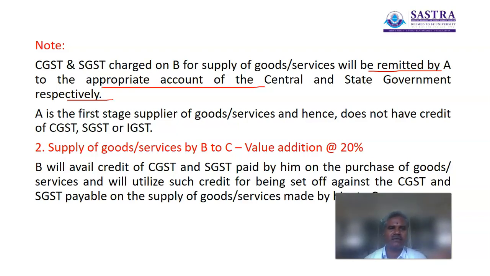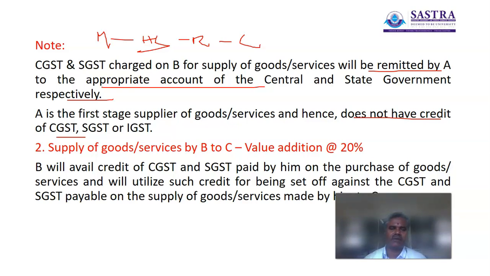The supply chain starts from the manufacturer, who transfers goods to the wholesaler, then the retailer, then the customer. This is the supply chain. You see, A is the first stage supply, so he doesn't have any input tax credit for this supply.